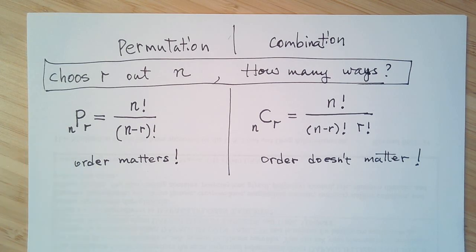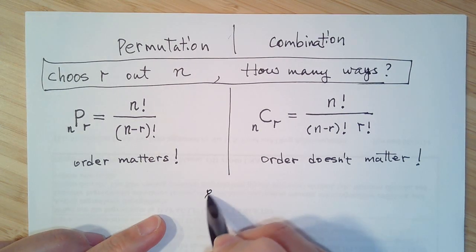For example, let's say in our class we have 20 students, and I need to choose 3 out of 20 as the representative of this class, and form something called a committee.